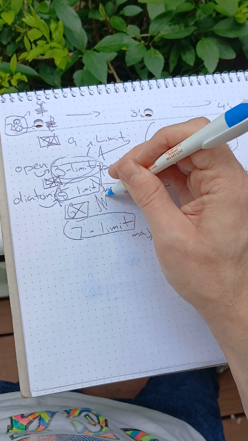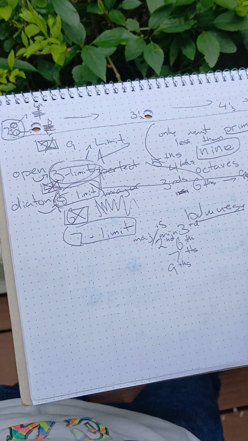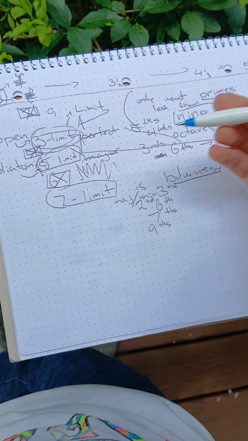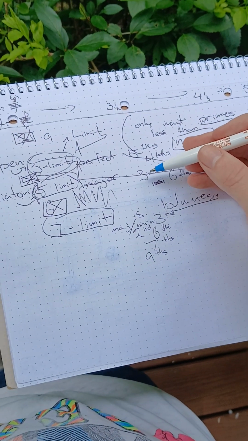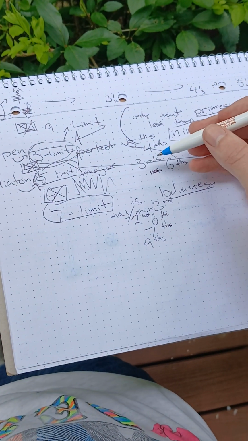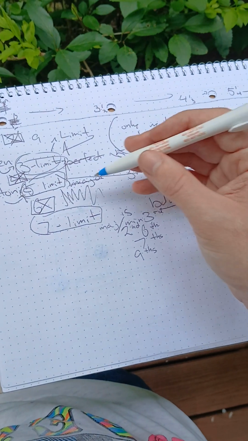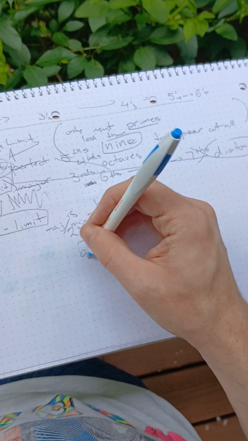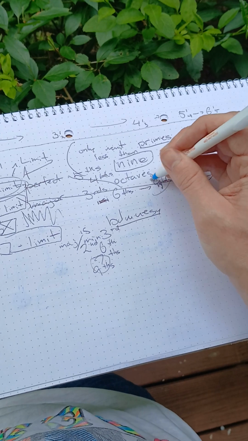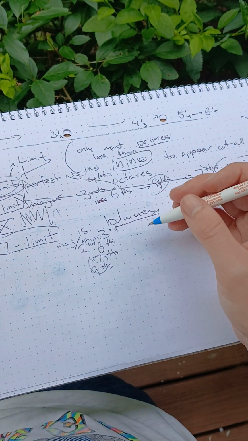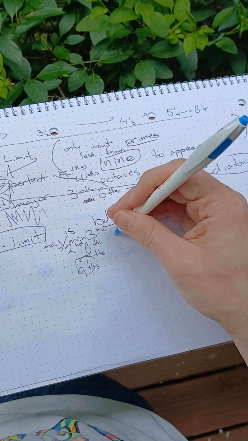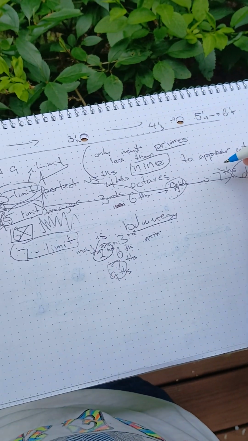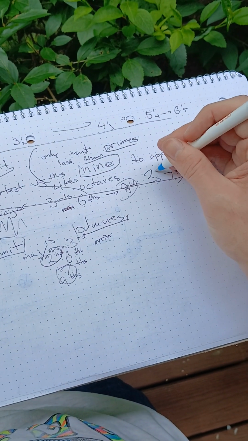So these are giving you different flavors of the same interval. It could be a 5 limit third, it could be a 7 limit third, a 5 limit ninth, a 7 limit ninth, a 7 limit minor second, and a 5 limit minor second.